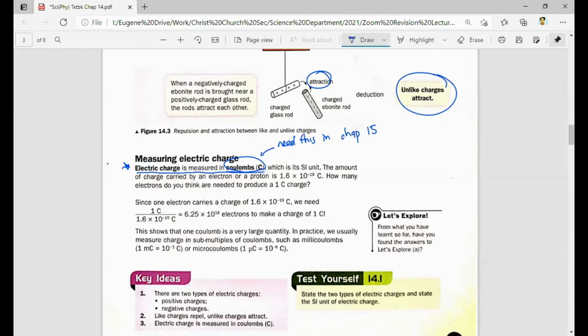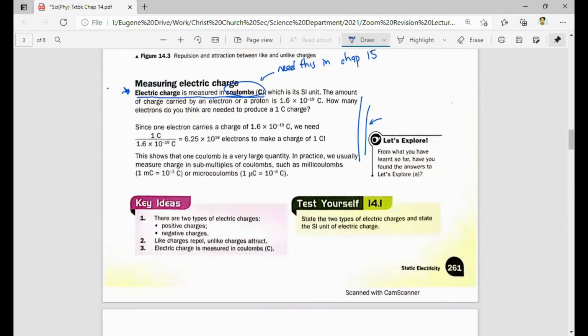So do take note, electric charge, we actually measure it in terms of coulombs. But all the various details here, you can read up on it. It's seldom that this kind of minute calculation is tested. Maybe pure physics would have, but for combined science, we don't really go into such nitty-gritty details. But if you read it, it's actually quite simple because it's really about common sense, about proportion.